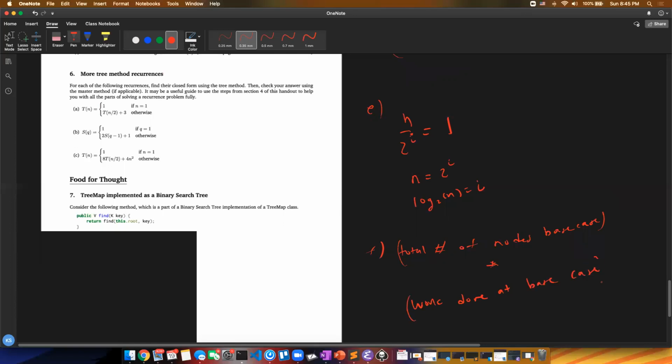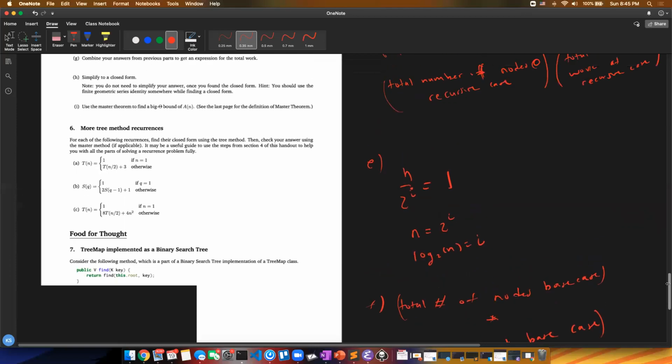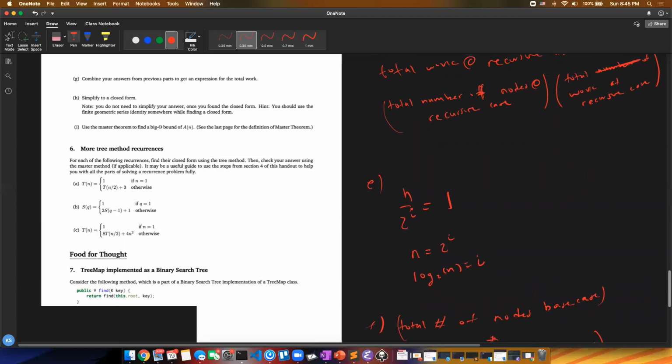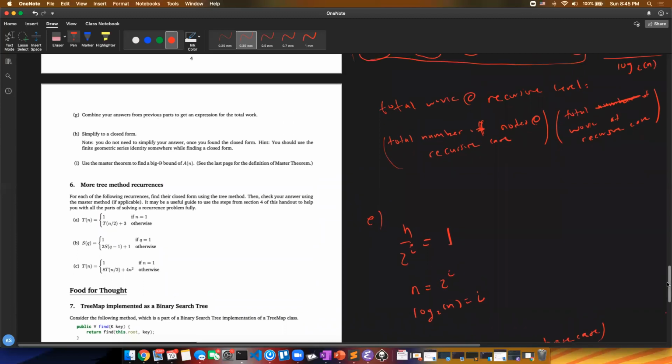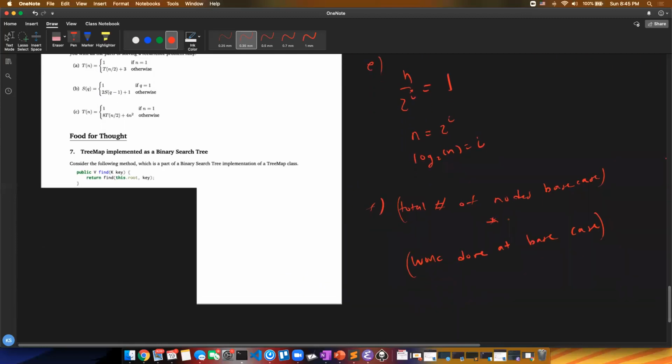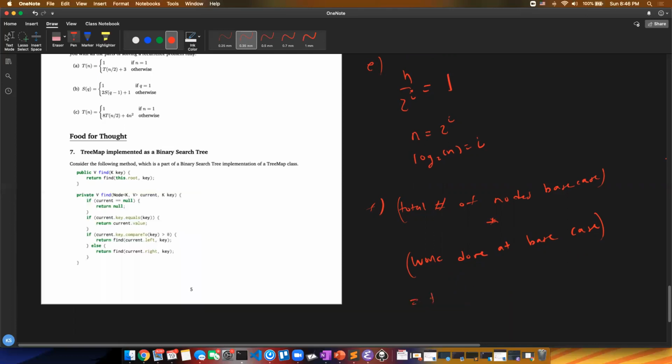This is the same idea as how we solved the total work in the recursive case. Instead, each node does a base case amount of work, and then we just multiply by the total number of nodes at the base case, and that'll give us the total work done at base case, right?